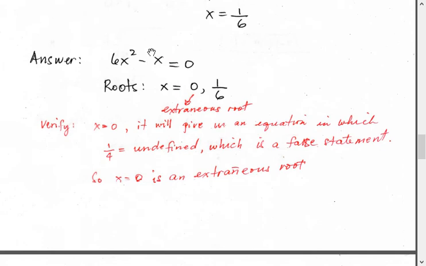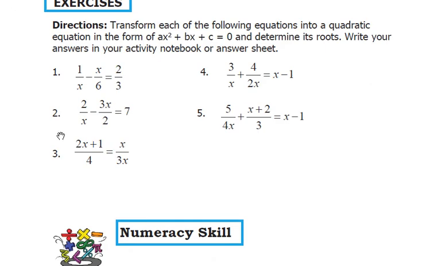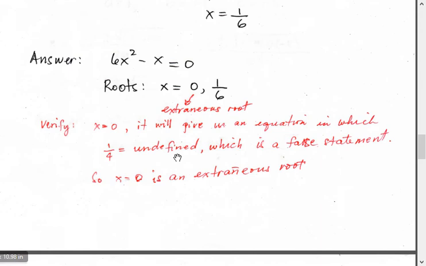But take note, once we get the roots, we have to verify with the given equation. In this case, the original equation is this one, and we cannot take x equals 0 as the root because it appears to be a root, but it's actually an extraneous root.